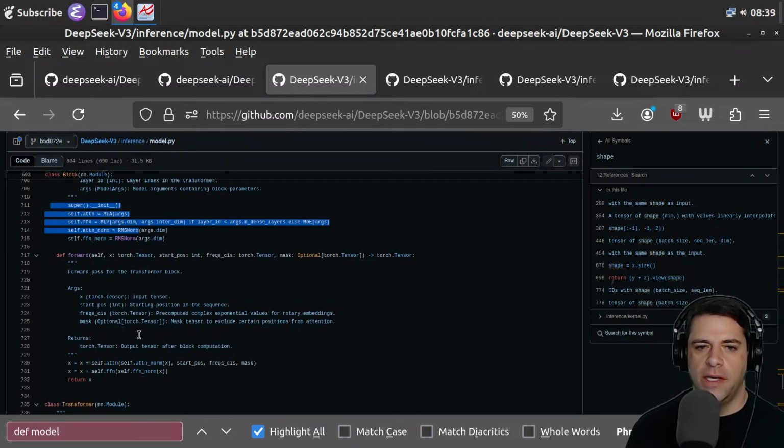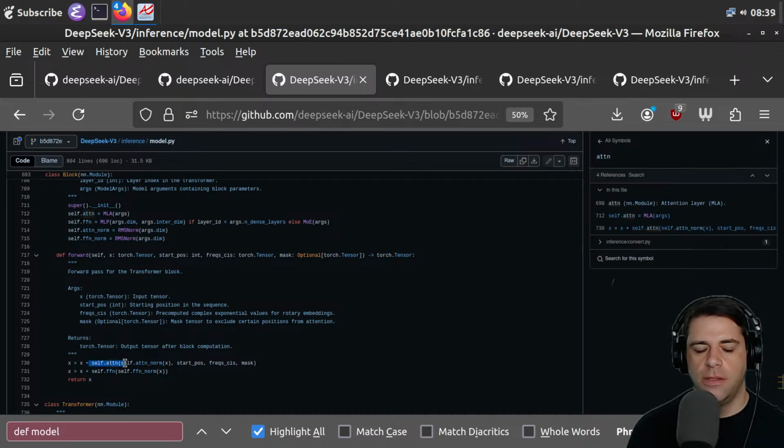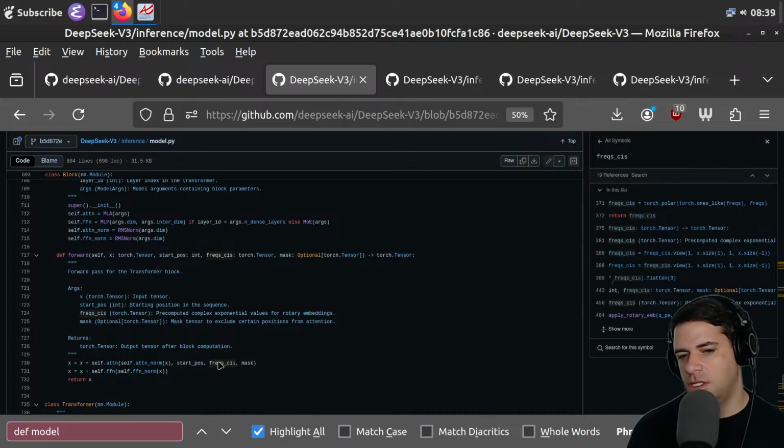But the forward pass, we're going to take X, which is conventionally the input. So yeah, it's some Torch tensor, the input tensor. And we're going to take X and add to itself the result of calling self attention, applying the attention norm on X, and passing in a start position, freqs_cis, and a mask. freqs_cis is pre-computed complex exponential values for rotary embeddings.